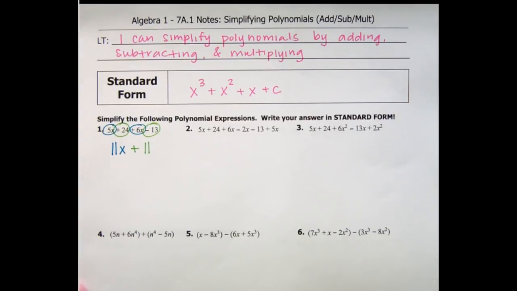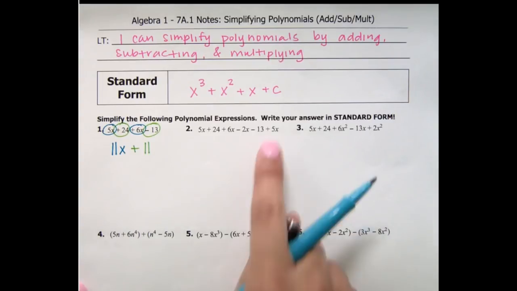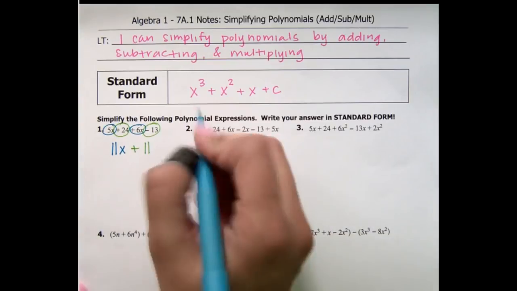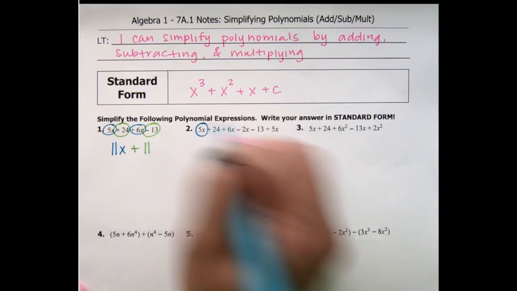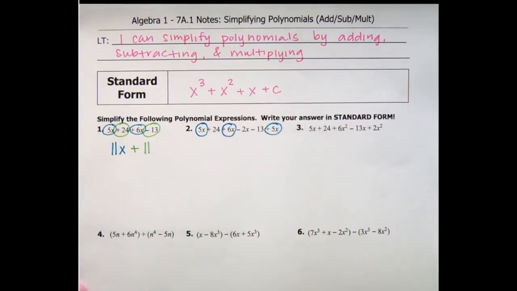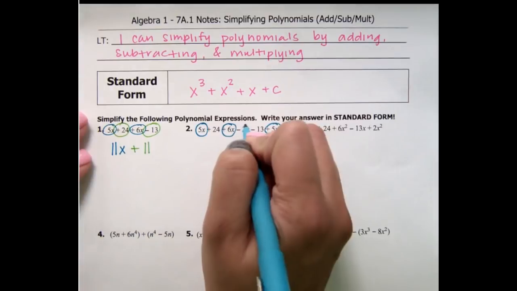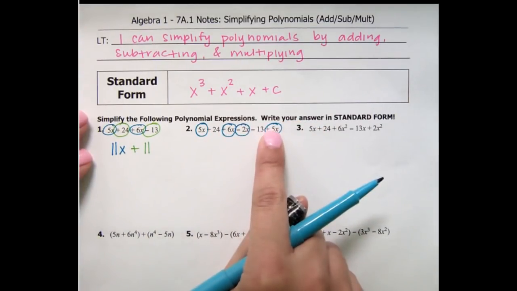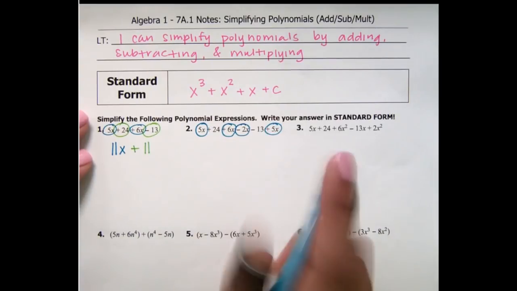So in number 2, we're going to do the same thing. 5x plus 24 plus 6x minus 13 plus 5x. So it's the same thing as number 1, but we added the 5x at the end. So start with your variables, like terms, 5x plus 6x plus 5x. And I missed this minus 2x here. So these four things need to be combined. They're like terms because they have the same variable.